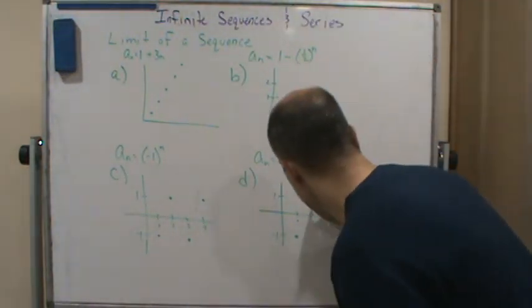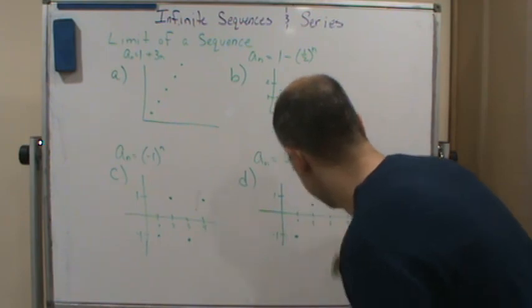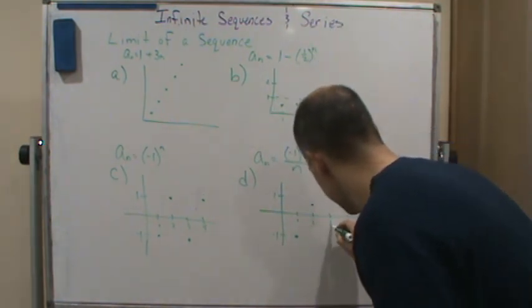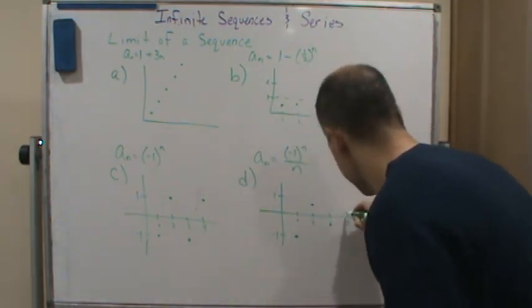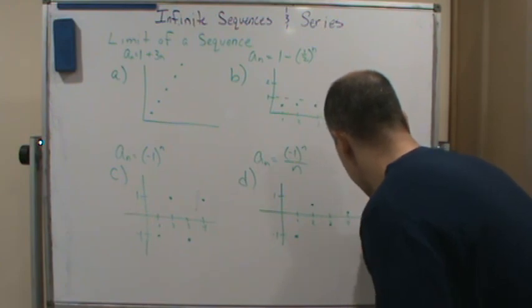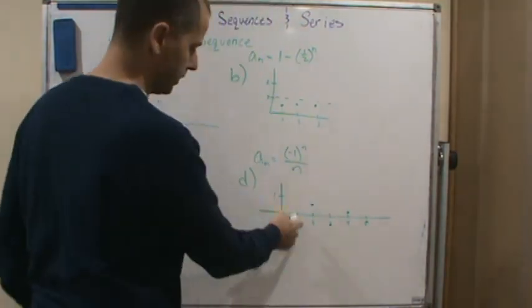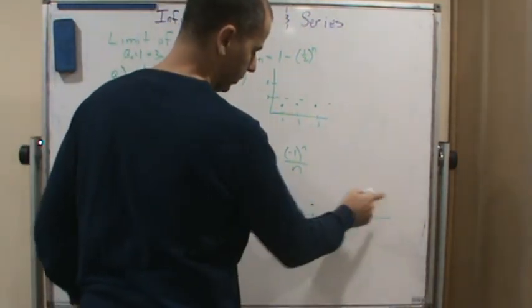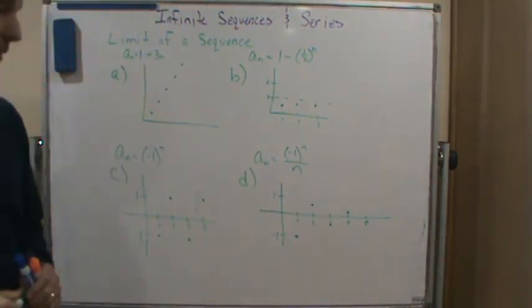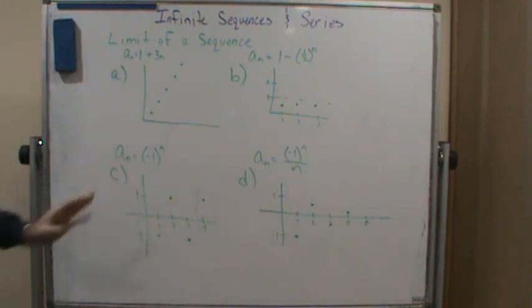So this would be a half, then negative 1/3, then 1/4, and then negative 1/5. It's bouncing back and forth, but getting closer and closer to 0. So if we treat these as functions, we can apply things we know about functions to our advantage, as you'll see later on.